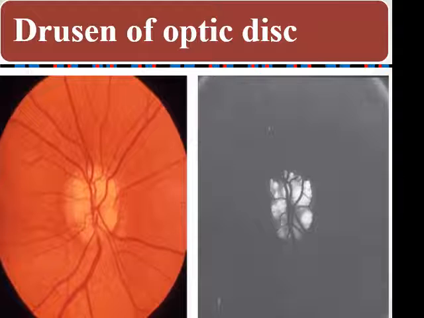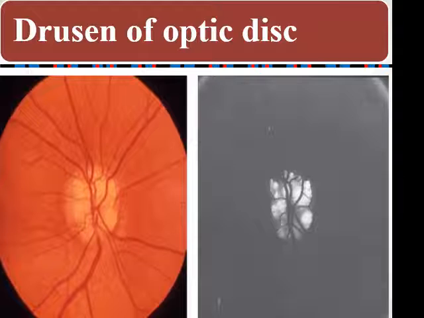Drusen of the optic disc are autofluorescent. What is autofluorescence? It is the ability of a structure to absorb light in a certain wavelength, namely the blue wavelength, and reflect it in another wavelength, namely the green wavelength.